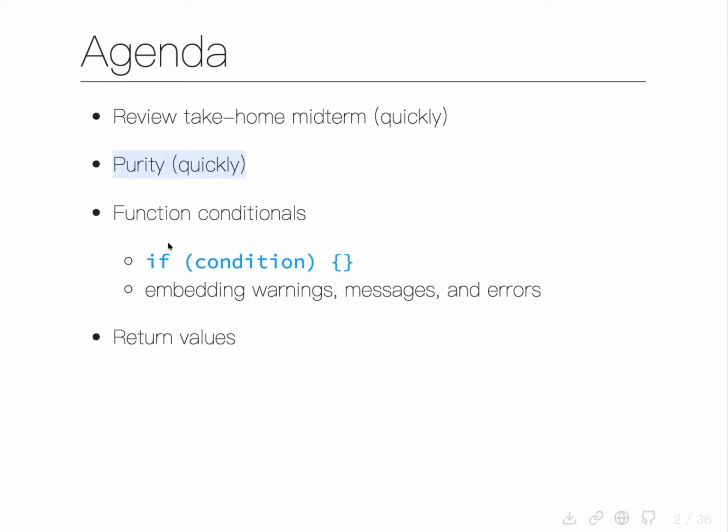And then we'll talk about conditionals some more, so if condition, whatever. And specifically what we'll talk about mostly today is embedding warnings, messages, and errors, okay? And then we will talk about return values near the end, okay? And there will be a couple of times here where I'm going to ask you to try things, little challenges, okay? So if you don't already, go ahead and get RStudio going.